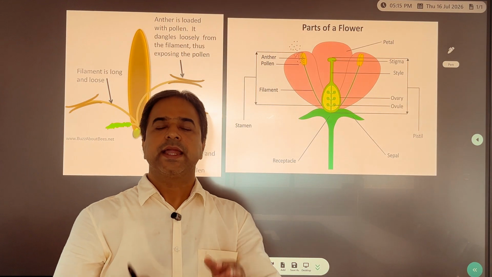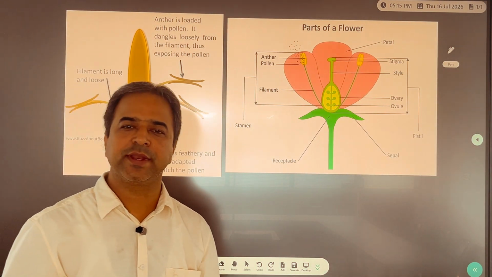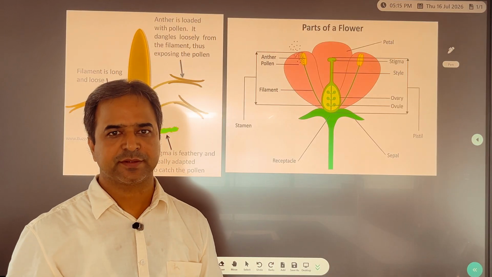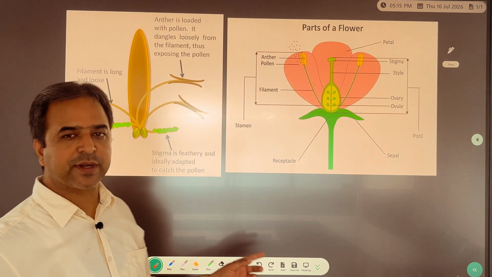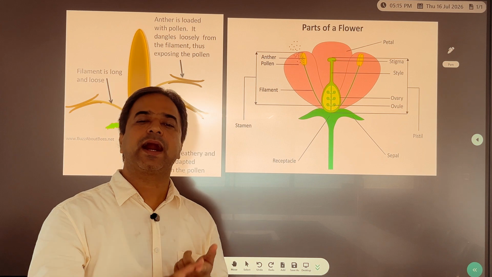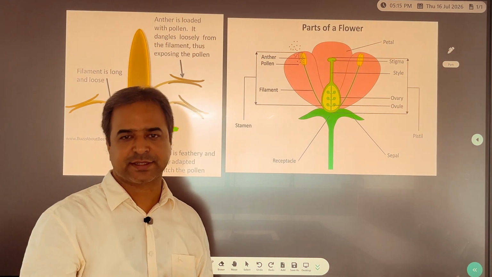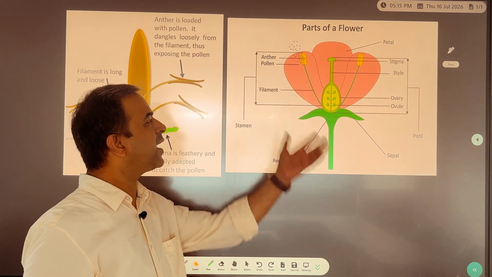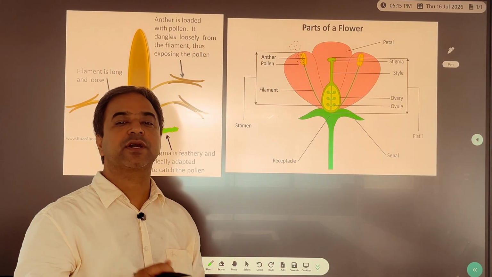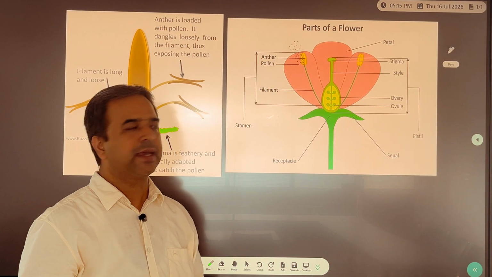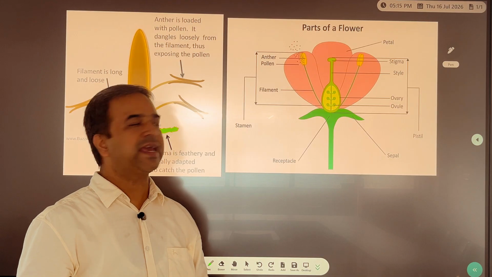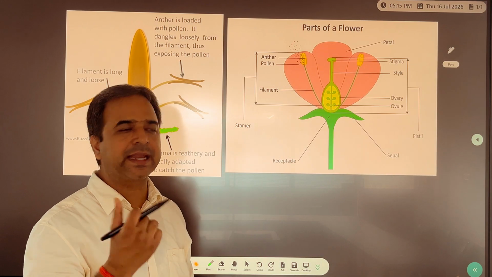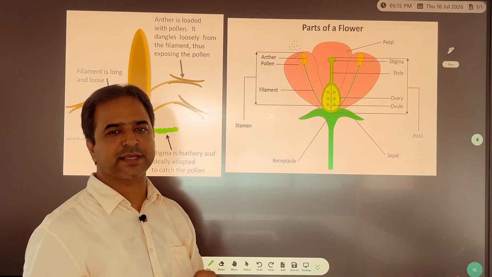Okay, so children, now based on agents of pollination, we have different types of flowers. Here you need to understand flowers which are attracted by insects or certain animals. They are attractive, they have large colored petals, they have fragrance, they have nectar or nectary gland which is attracting insects.